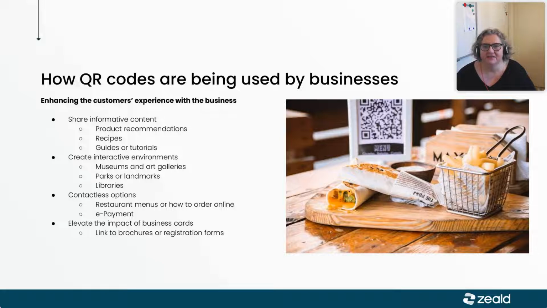So create interactive environments. You see that a lot now at museums and art galleries, where next to pieces of art there will be a QR code which takes you through to information about the art. I did one on Monet a year or so ago, and each Monet piece of art had a QR code that went through to an audio piece I could just listen to on my headphones as I was going around.